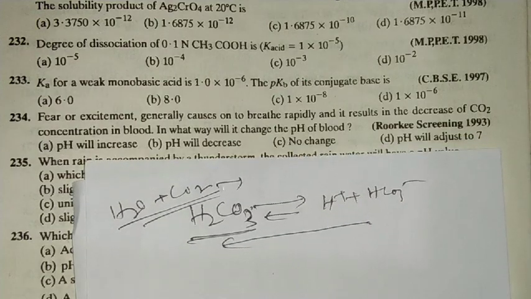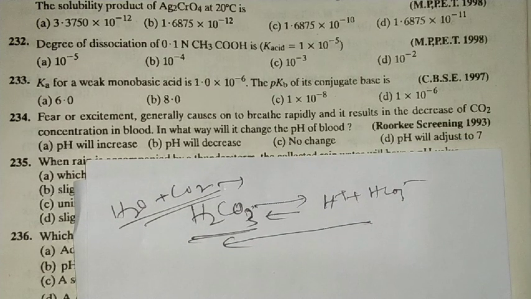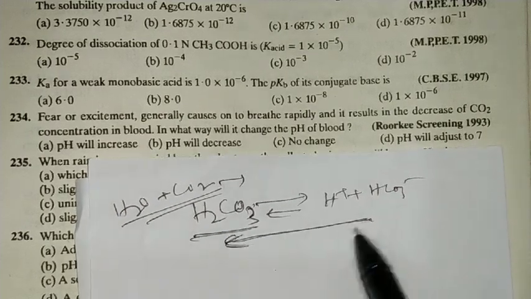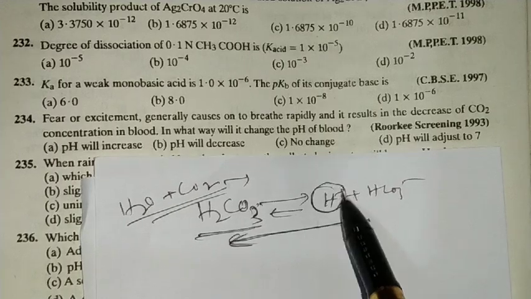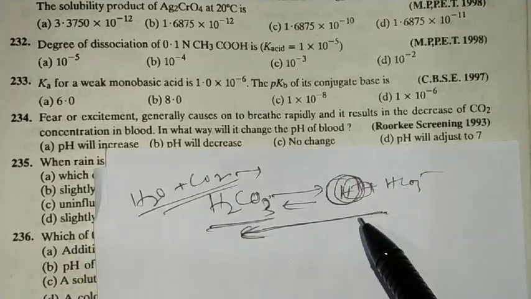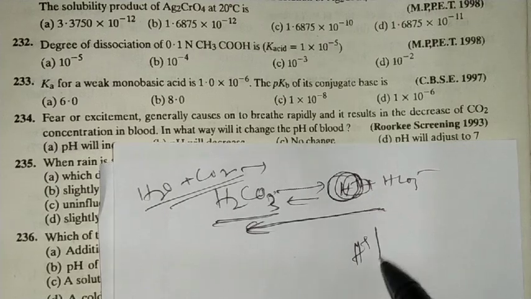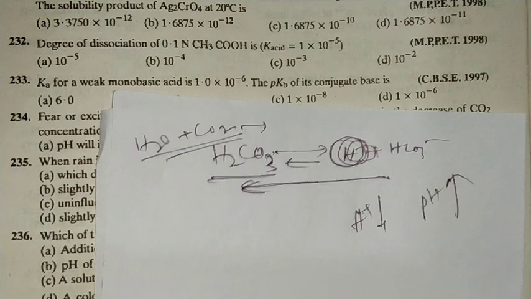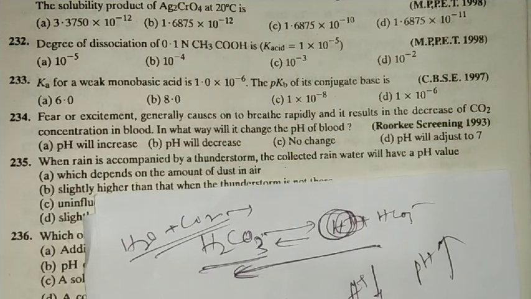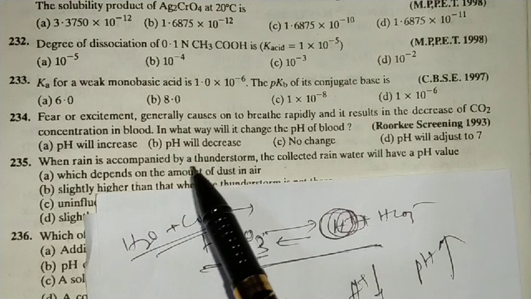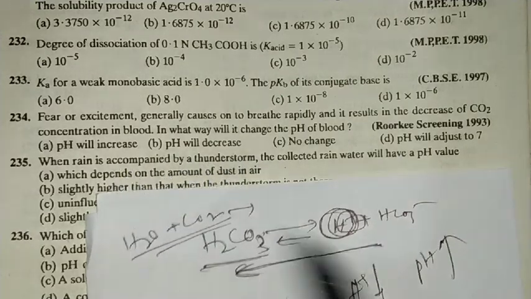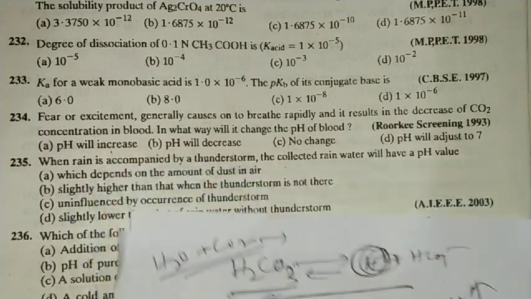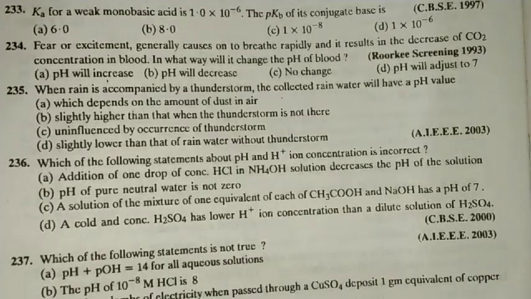As per the given data, CO2 concentration is less in the blood. That means, as per this equilibrium reaction, it moves backward. If it moves backward, automatically this affects the H plus value. That means H plus value decreases, automatically pH value increases, because pH equal to minus log H plus. It is a very simple logical question. Is it clear? Then what is our answer? H plus decreases, pH increases. So option A. Is it clear? Right. Look at the next question. This is also general type only.